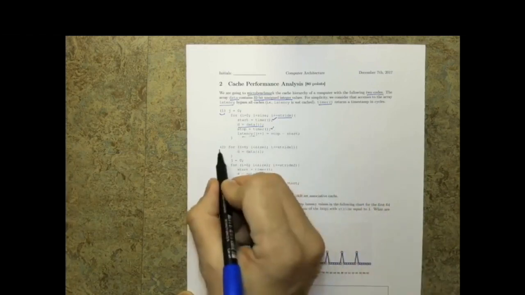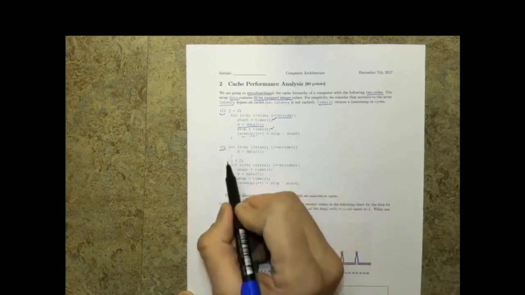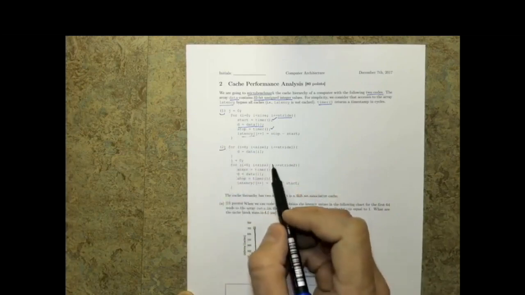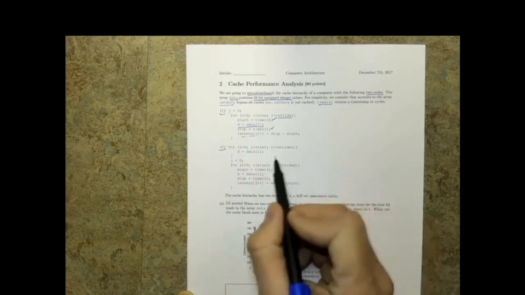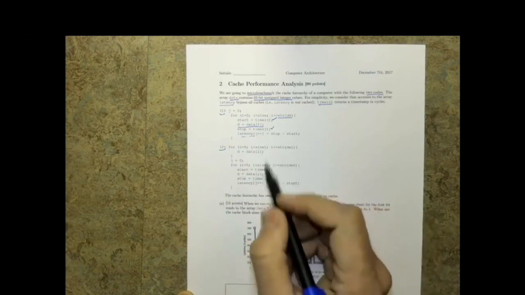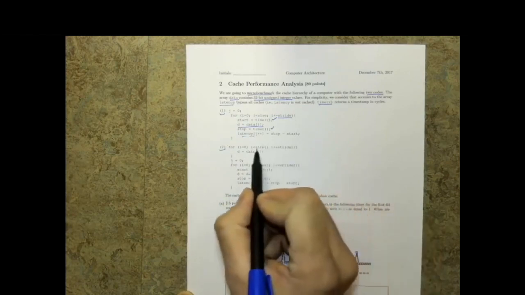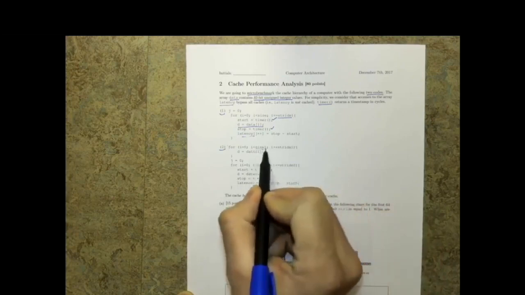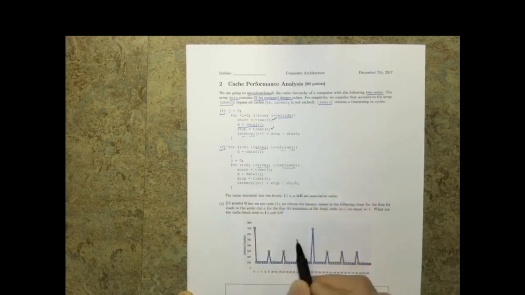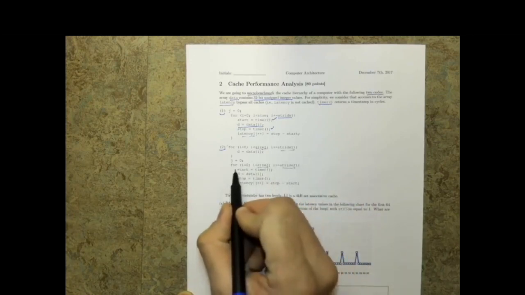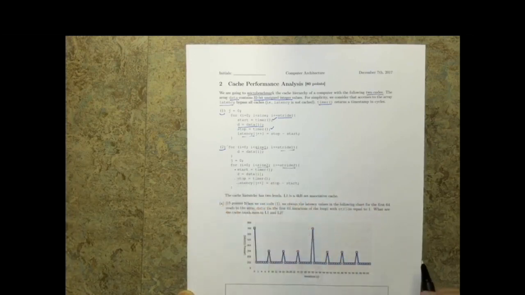In code 2, we have two loops. The first loop is similar to code 1. Actually, both loops are the same. The only thing that changes is the size that we are accessing. Here is size 1, and here is size 2, with a stride 1 or with a stride 2.